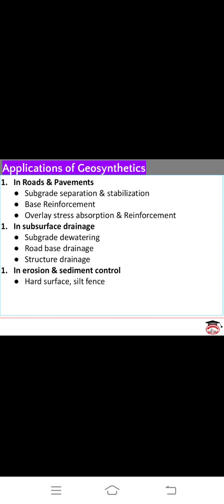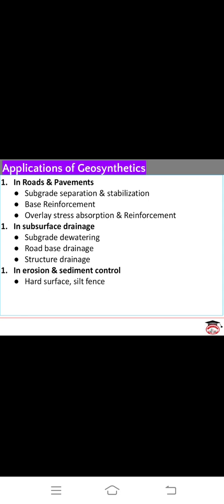Also, the next application is in erosion and sediment control. This geosynthetic plays a very important role to control erosion and sediment, especially in the case of hard surfaces and silt fences.